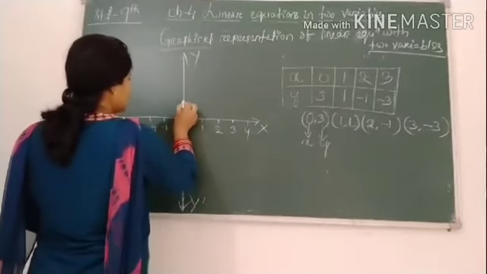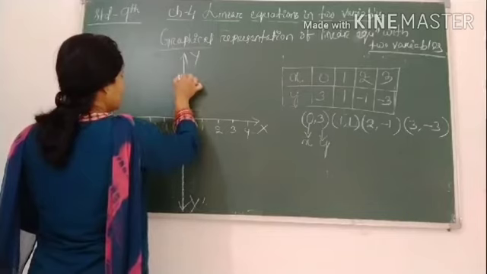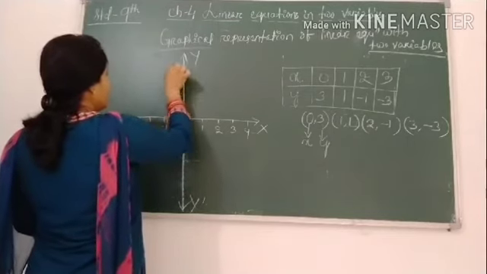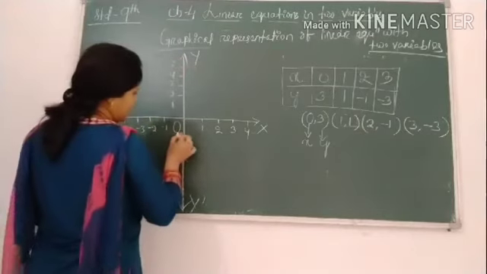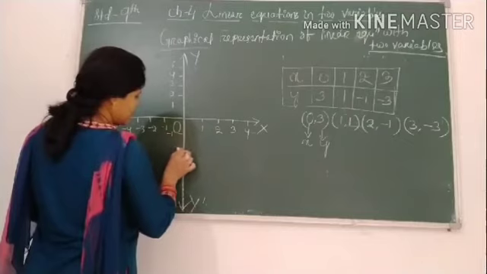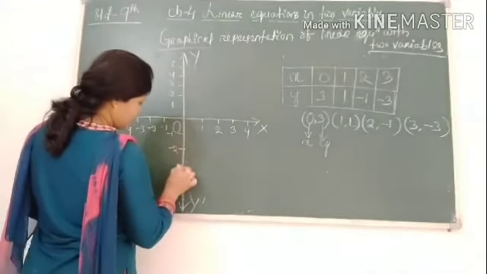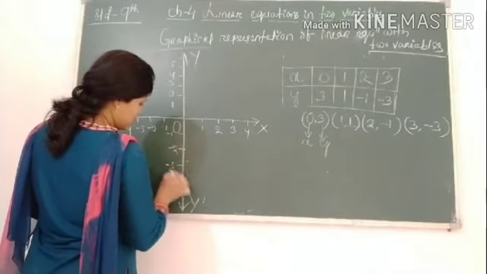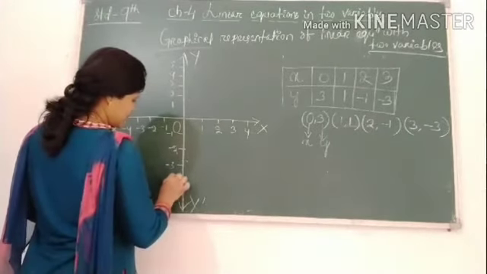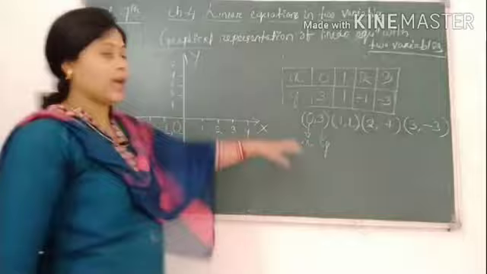Again here plus will come 2, 3, 4, 5, 1, 2, 3, 4, 5, then here minus 1, minus 2, minus 3. So look at how I am doing.